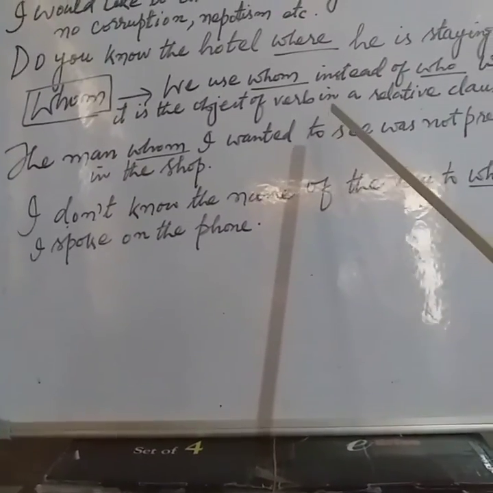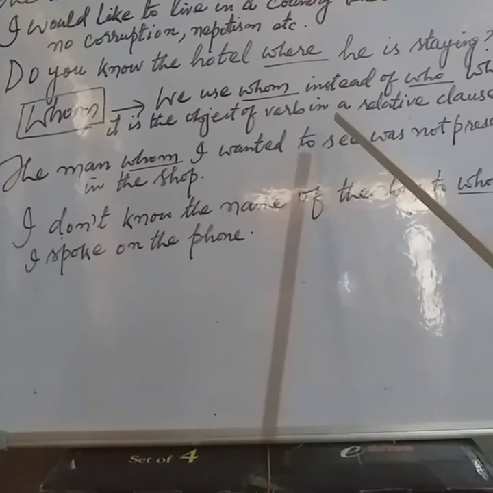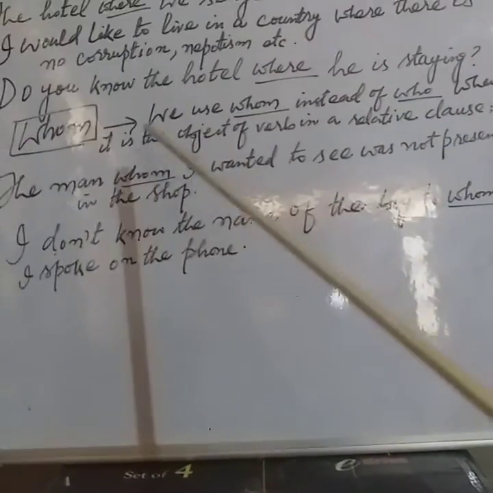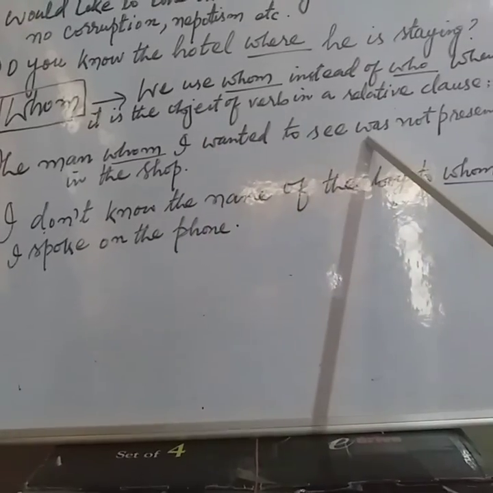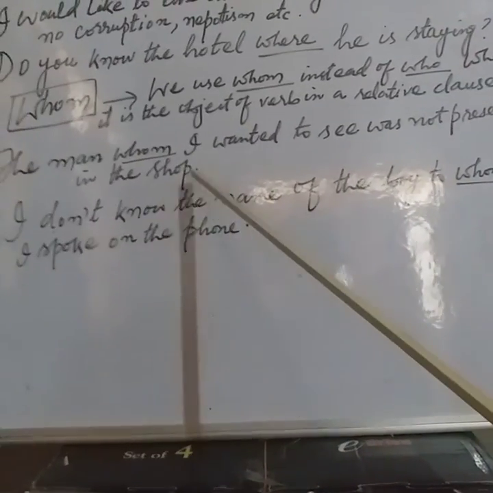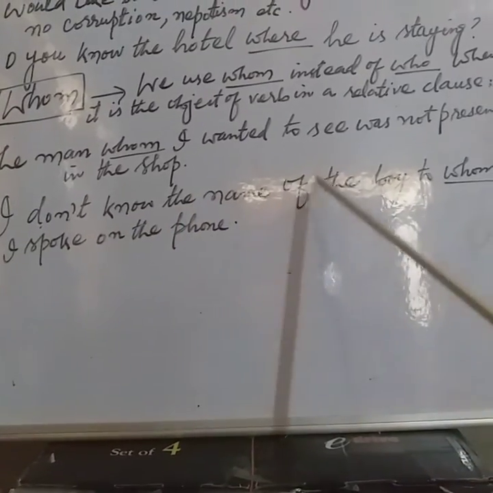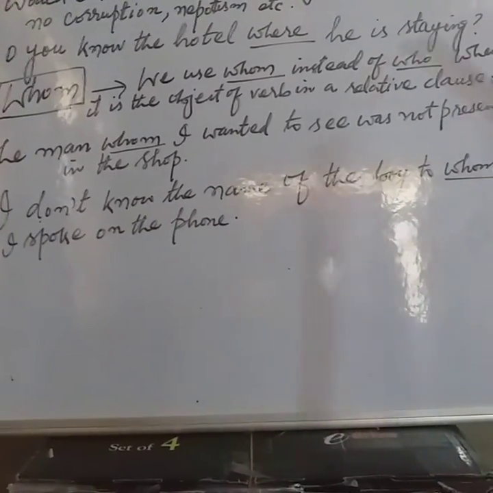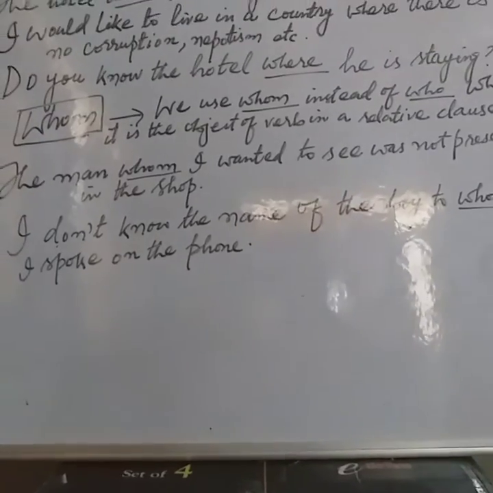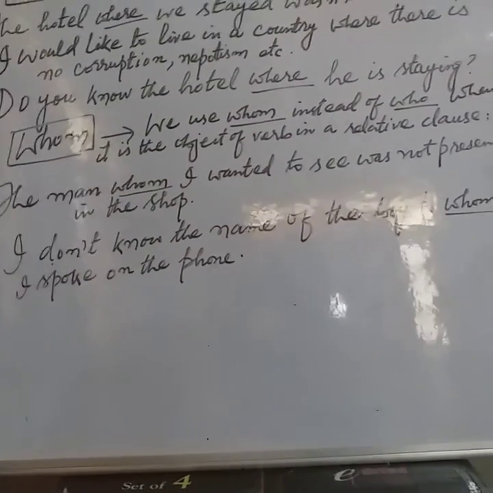Whom is used instead of who when who is the object of the verb in a relative clause. For example, the man whom I wanted to see was not present in the shop. Similarly, I don't know the name of the boy to whom I spoke on the phone. So here, I think it's okay for you.